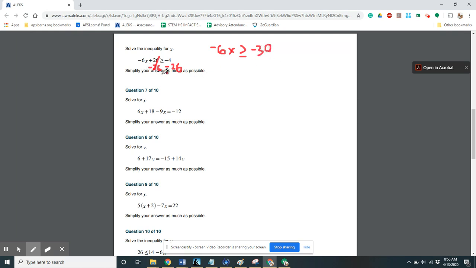So keep everything the same process, but we have this inequality sign here. Now we divide both sides by negative 6. Now because we're dividing by a negative number, we're going to flip the inequality. If we divide by a positive, we keep it the same. But since it's negative 6, we flip this the other direction. So it's now less than or equal to. So x is less than or equal to negative 30 divided by negative 6 is 5.